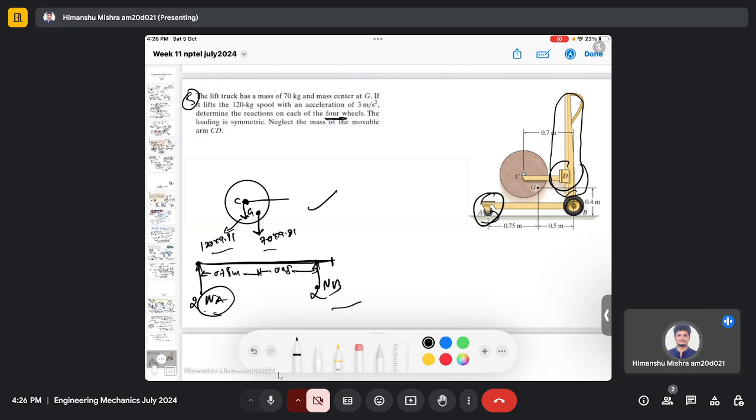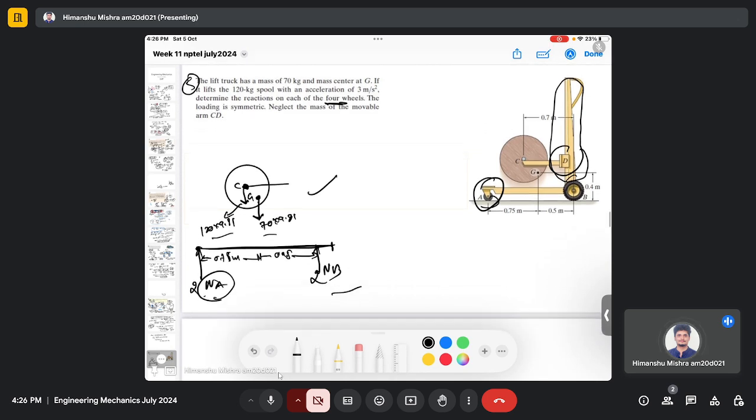So all we are left to do is the moment balance and force balance analysis that we have been doing for a few problems.